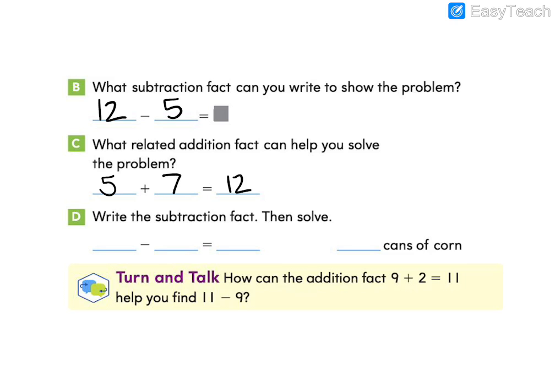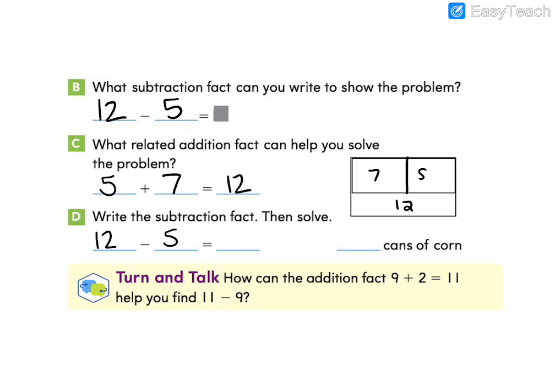I can use this related addition fact to help me solve 12 minus 5, because if I think about it in a bar model, I have my 7, my 5, and my 12. When I have 12 and I remove 5, I'm left with 7. So how many cans of corn are there? 7 cans.